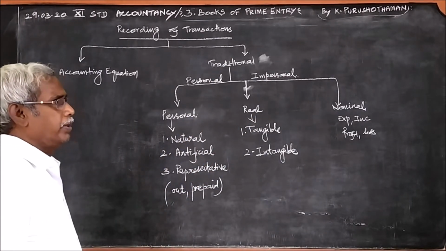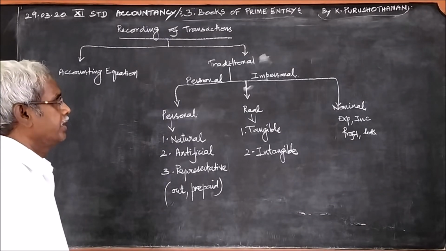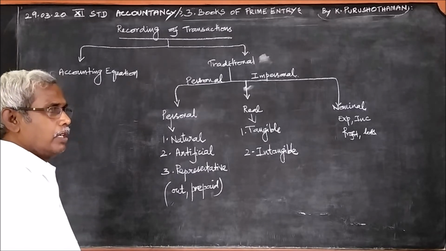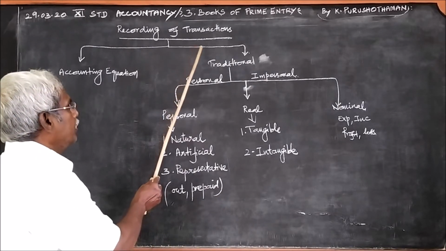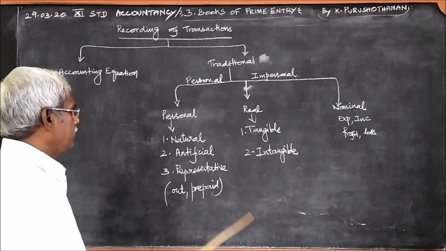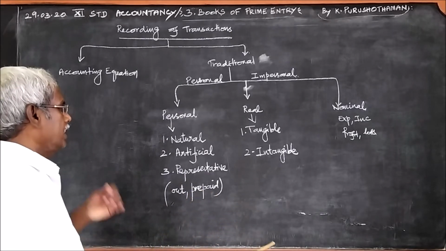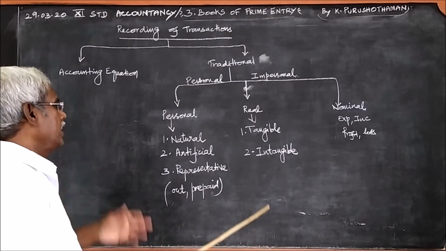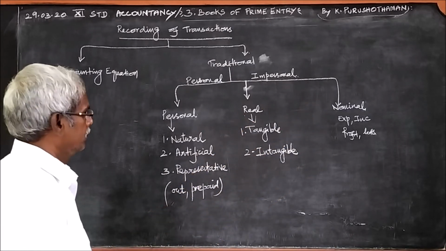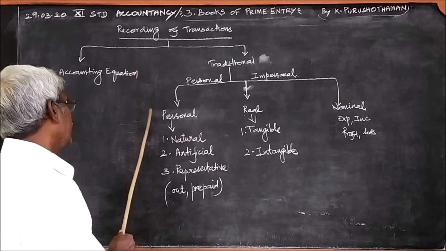Under the traditional method of recording transactions, we should consider the types of accounts. Mainly there are two types, personal and impersonal accounts. Personal accounts are separate, but under impersonal accounts there are two types: the real account and the nominal account.